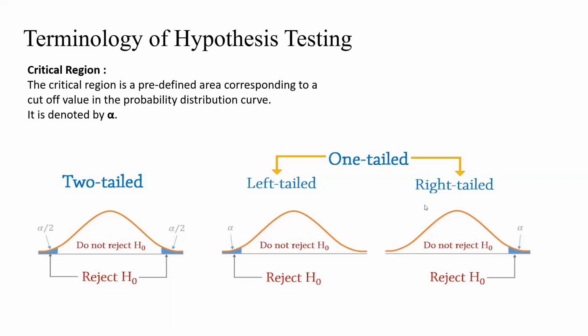For example, take this right-tailed test, where your null hypothesis says that my mean is less than some value, and that value is sitting right over here, at my cursor. In that case, everything greater than that is against your null hypothesis.